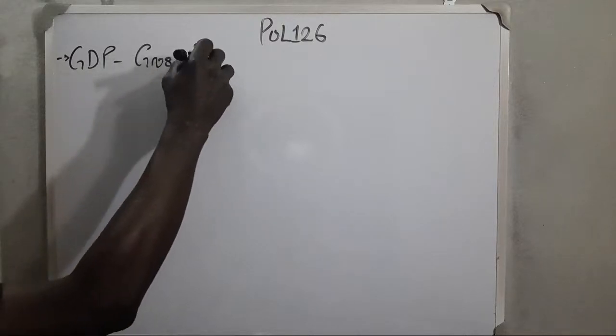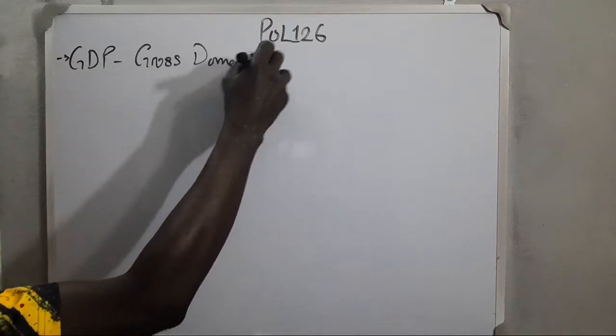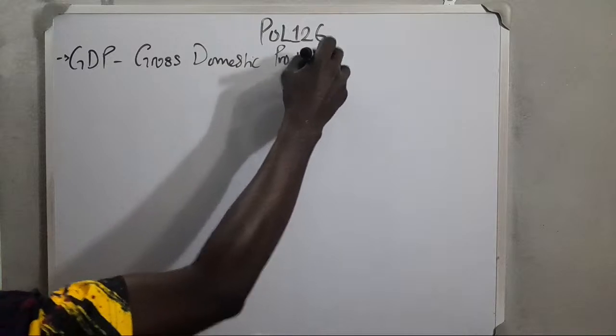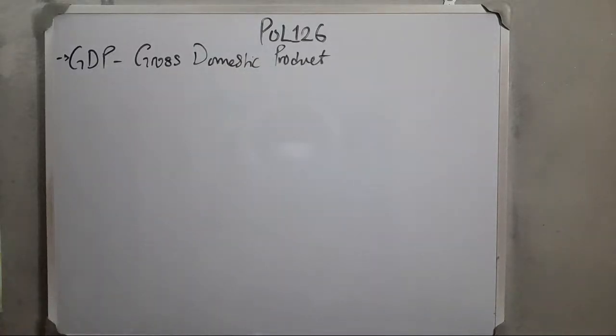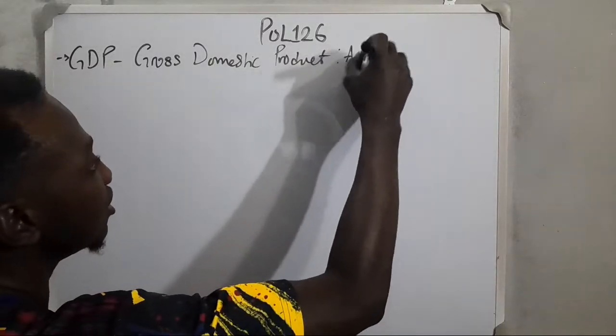Gross domestic product basically means it's a monetary measure for the market value.